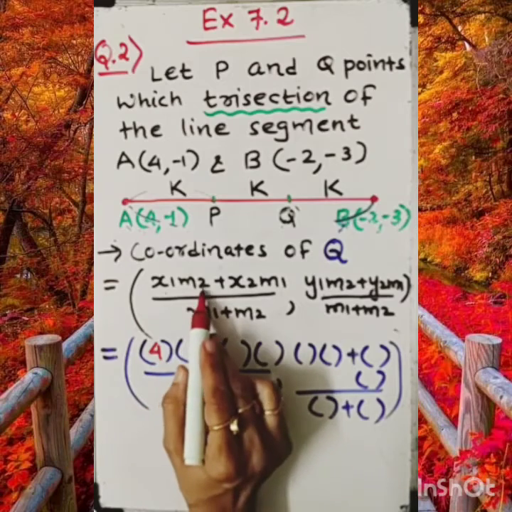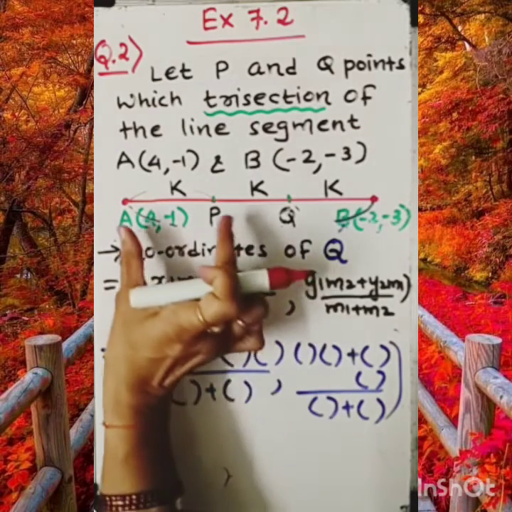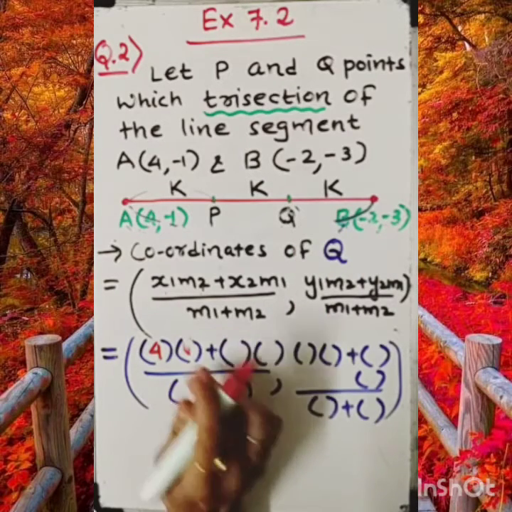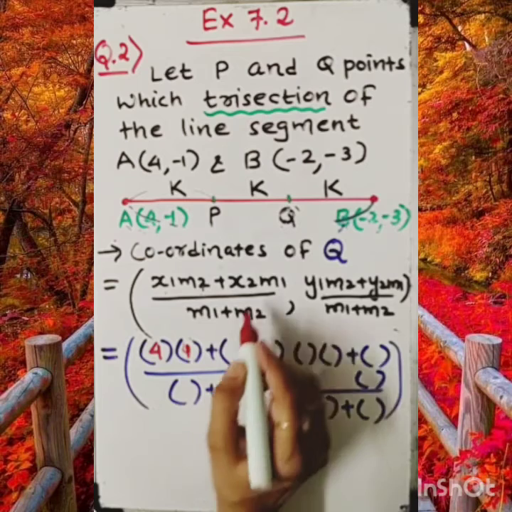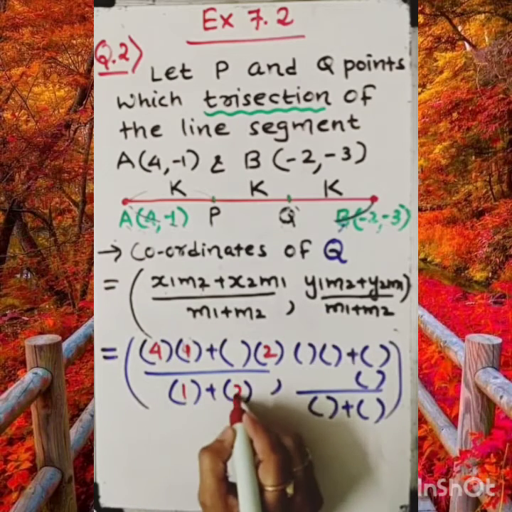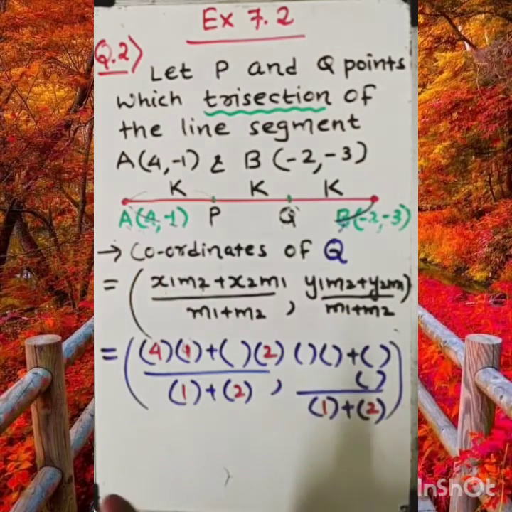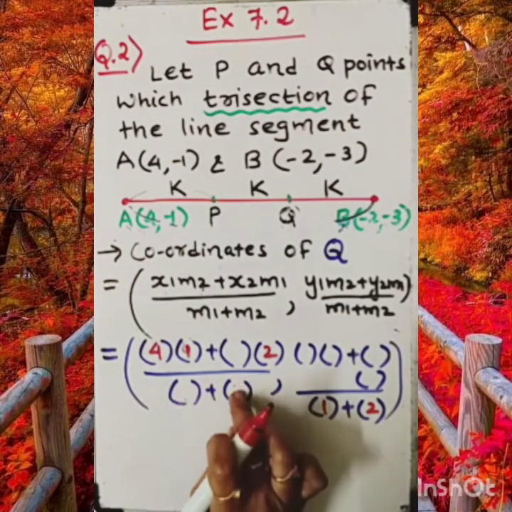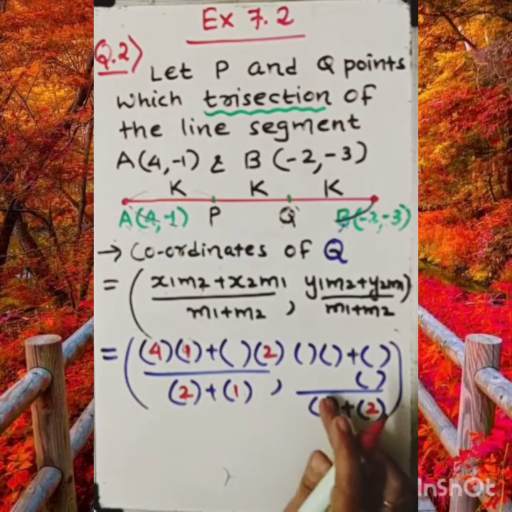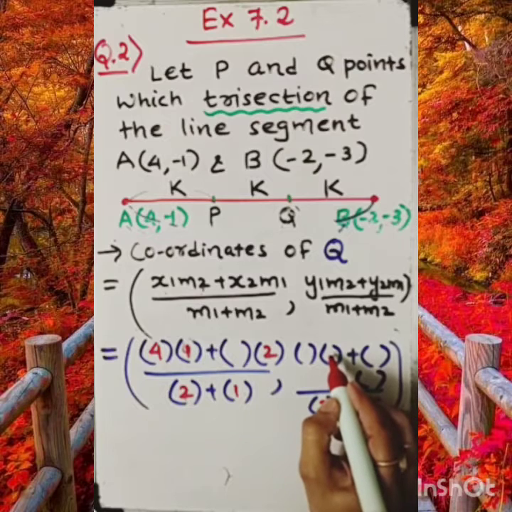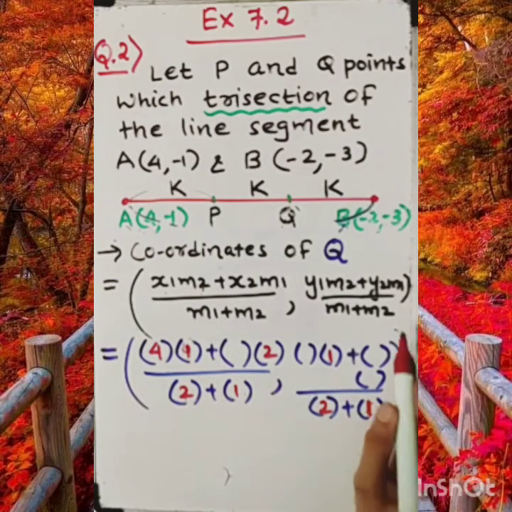As I told you, the ratio is 2 is to 1, so M1 is 2 and M2 is 1. Here we need to write 2, 1 because I am writing M1 first. No matter if I write it the other way, the answer will remain the same, because for addition the commutative property holds. Same thing here, M2 is 1 and M1 is 2.